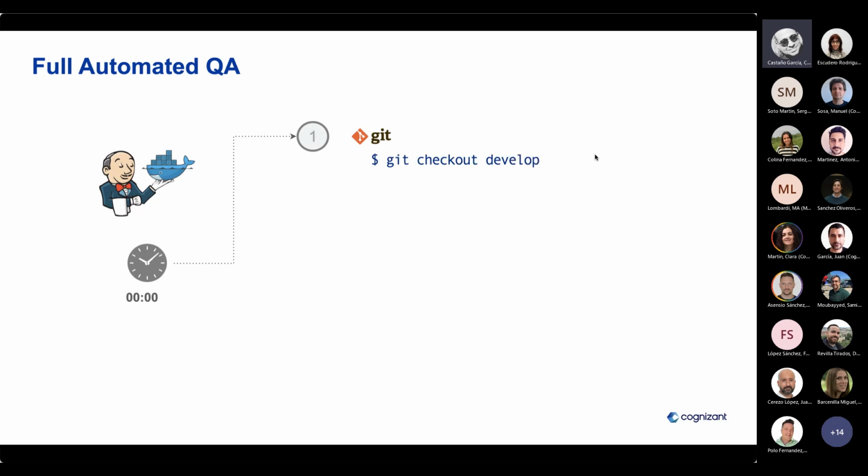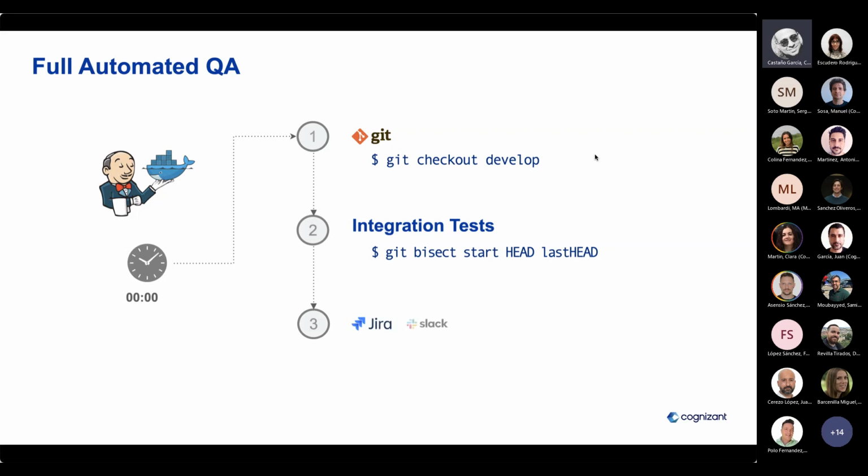So we can create a pipeline where we check out the project and run the integration tests. If something fails, we can run a git bisect from the head, which is the place where it's broken, to the last head that was good, the last known good. And after that, imagine that we can automate the Jira ticket creation, notify by Slack or Teams or wherever, and notify the QA team.